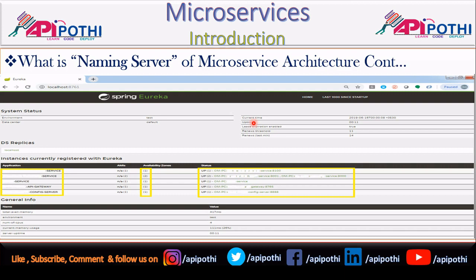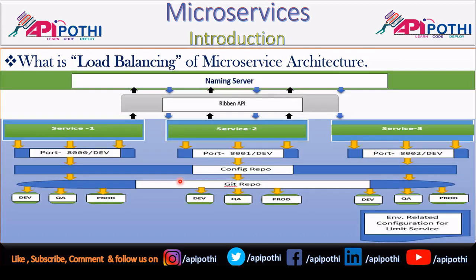The status of your microservice architecture, meaning which service is up, which service is down, for which service what the instances are, how many instances, what ports are used, all the entire information is available here in your naming server. Okay, good.